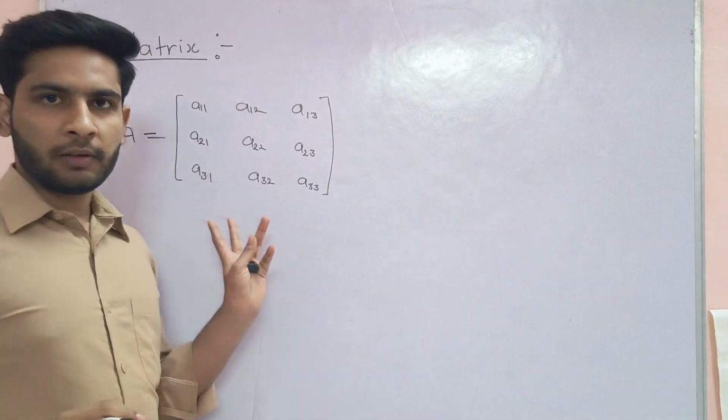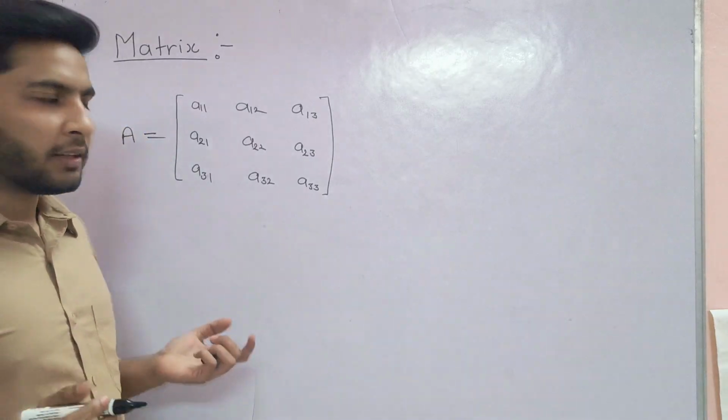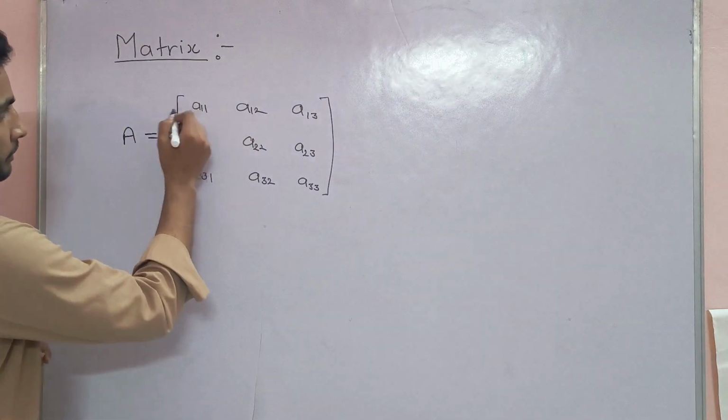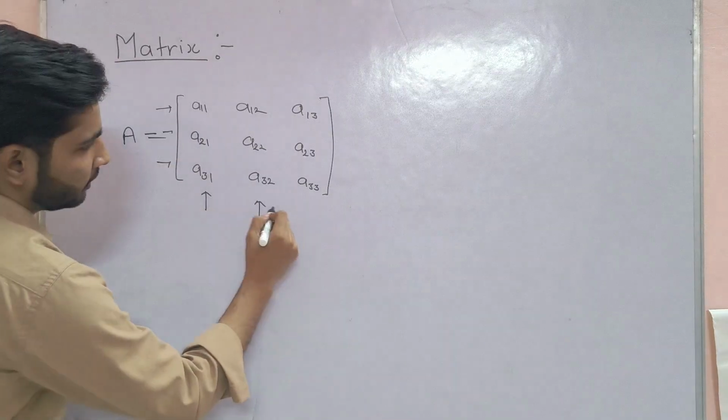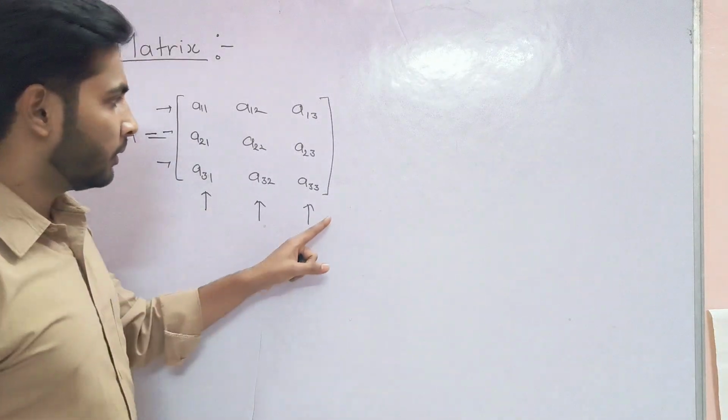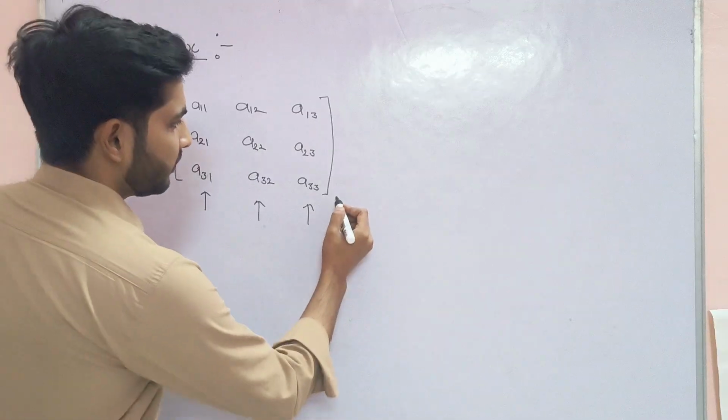So it is a general notation of the matrix. So how many rows are there? 3. And how many columns are there? They also 3.